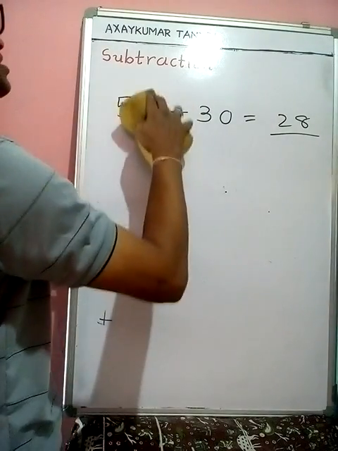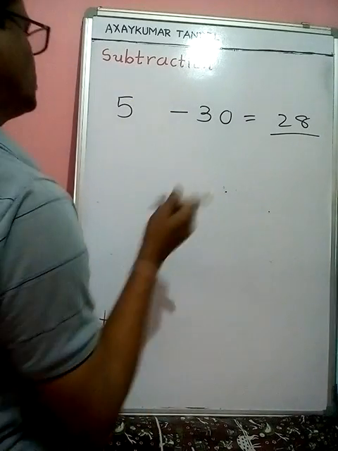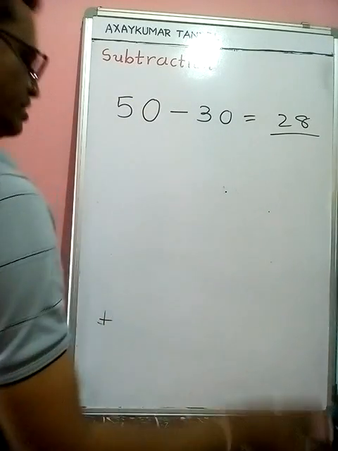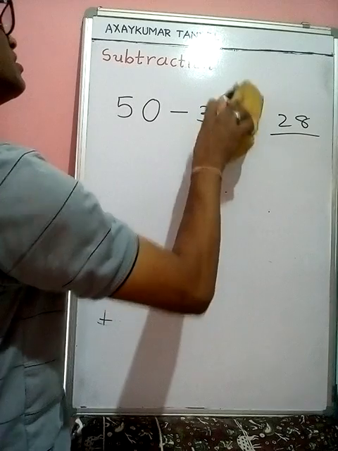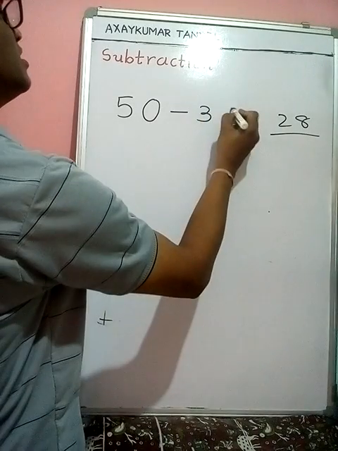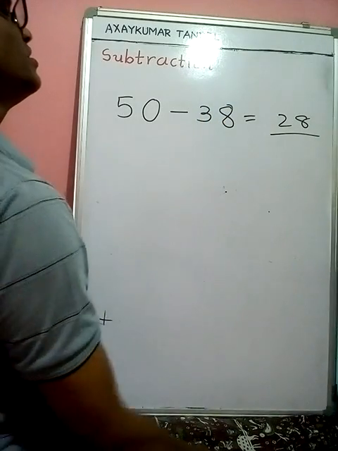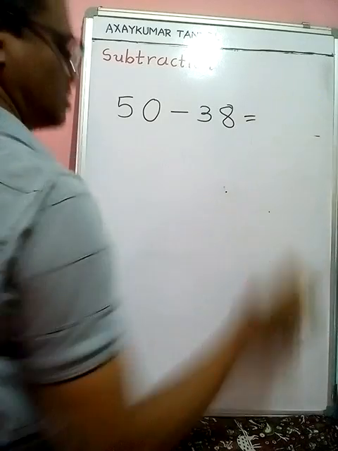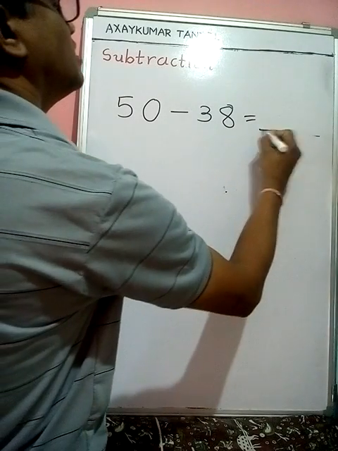Now we write here 0 and 8 right here. How many?